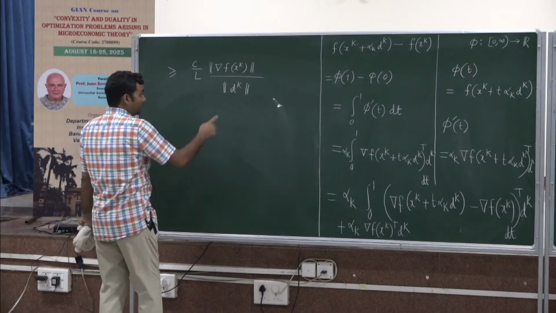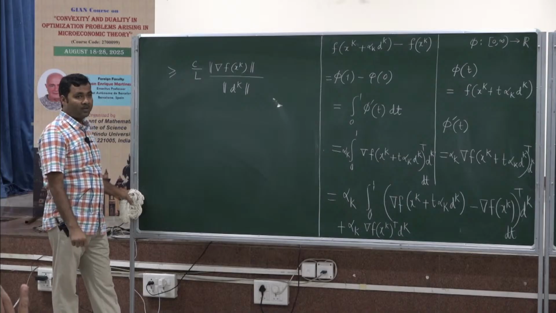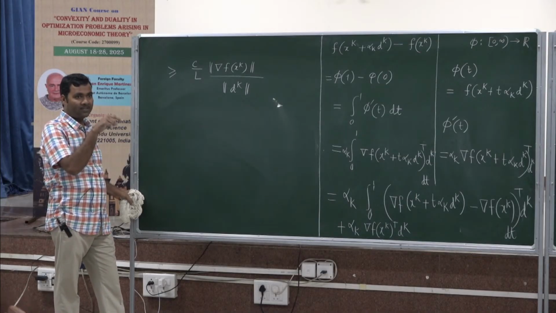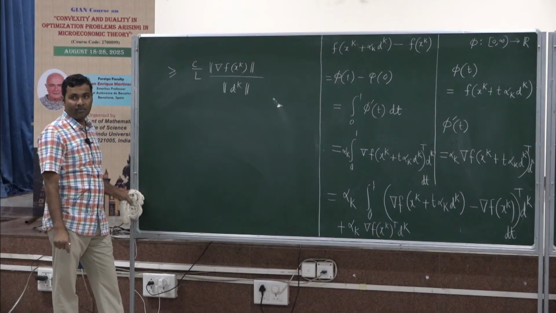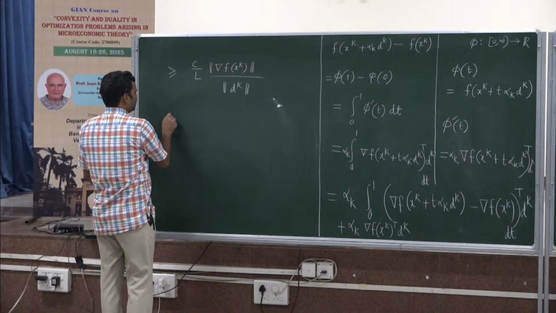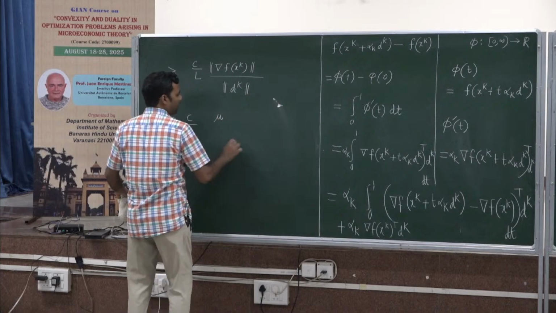And we notice that we started by assuming that the limit infimum is greater than 0, then there was a p such that norm of gradient of f(xk) is greater than equal to mu after the index number p. So this will be greater than equal to c by L mu after p.